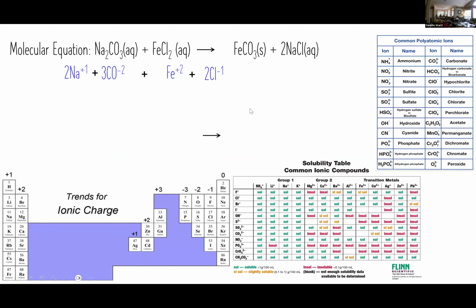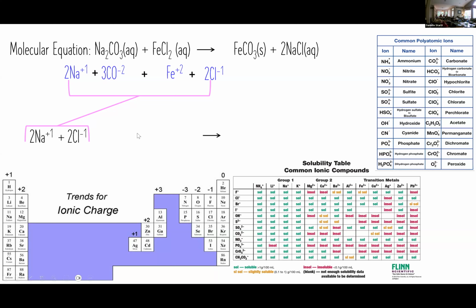Okay, so now we're going to combine inners and outers. This is the easier part, inners and outers. Here's your outers, right? Our outers are sodium and chloride. We're going to write them down here just like we wrote them above. So 2Na +1 plus 2Cl -1. There's your outers.